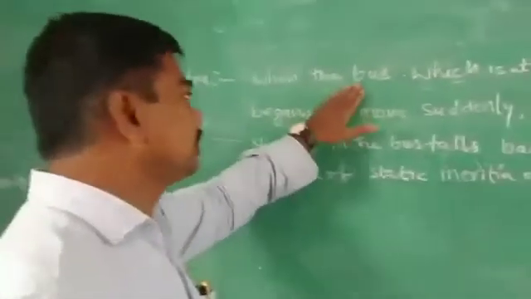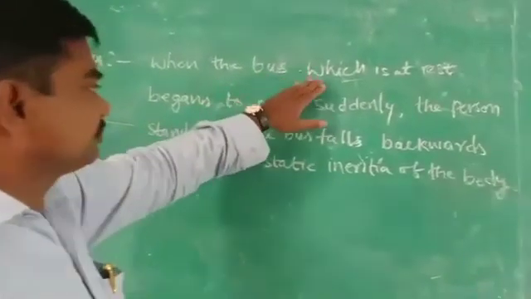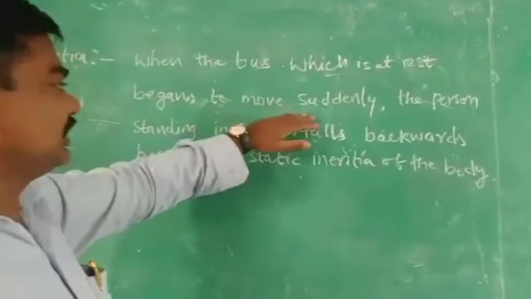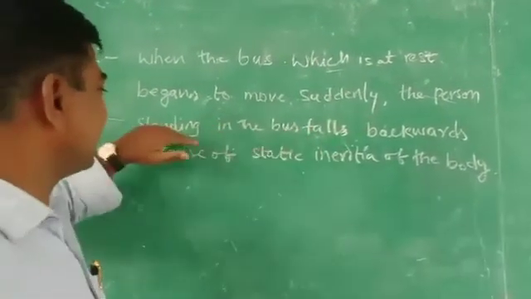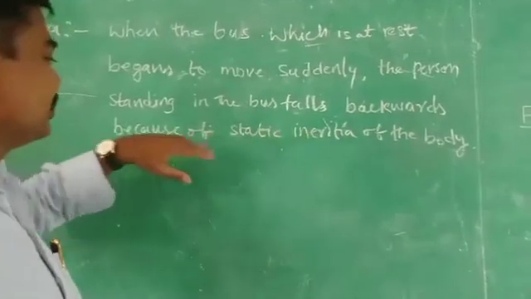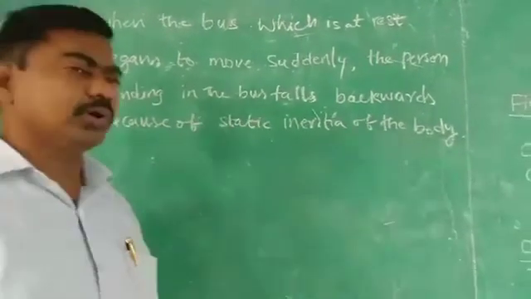Here, see, static inertia: when the bus which is at rest begins to move suddenly, the person standing in the bus falls backwards because of the static inertia of the body.